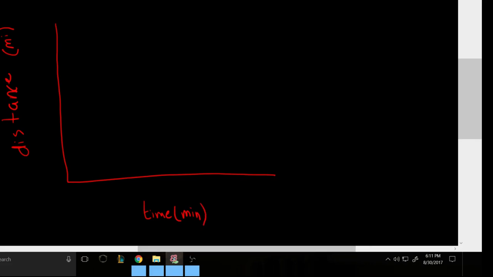And then we need to label our axes a little bit more.